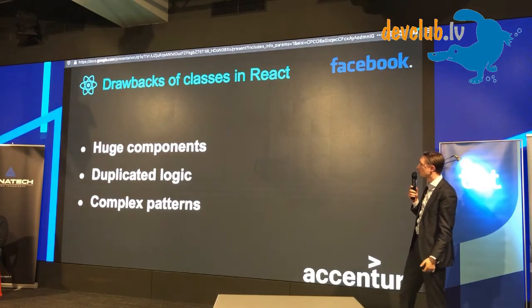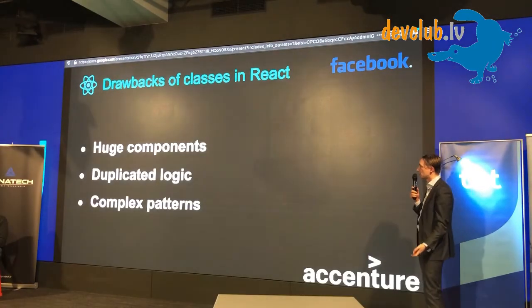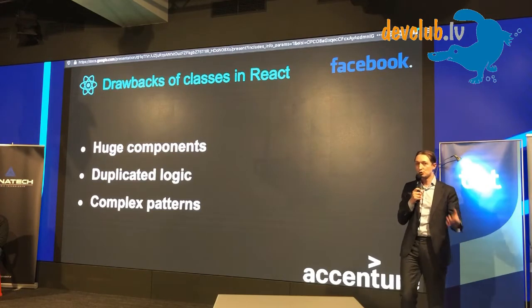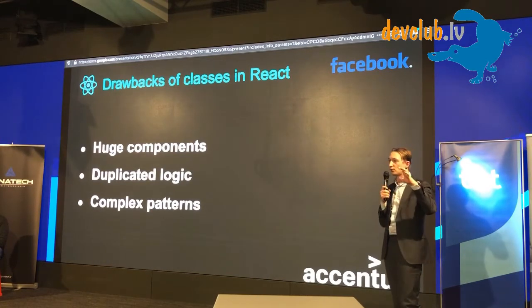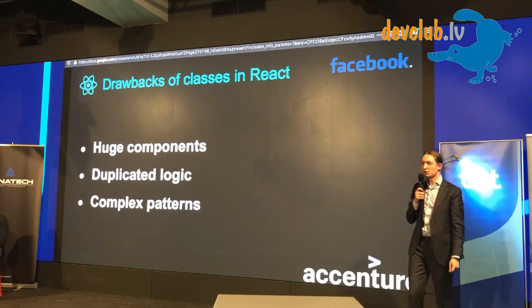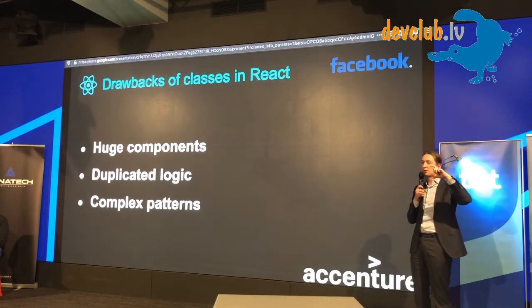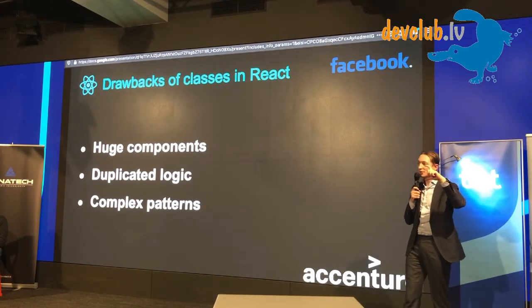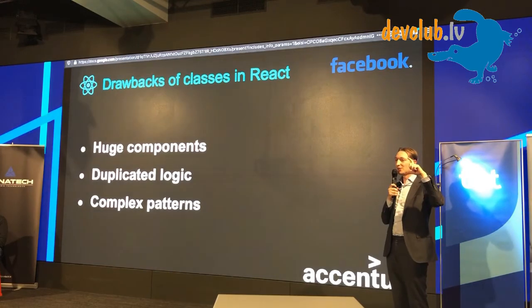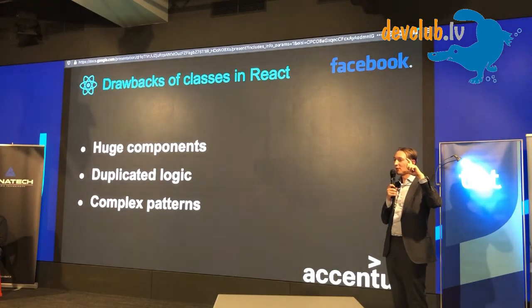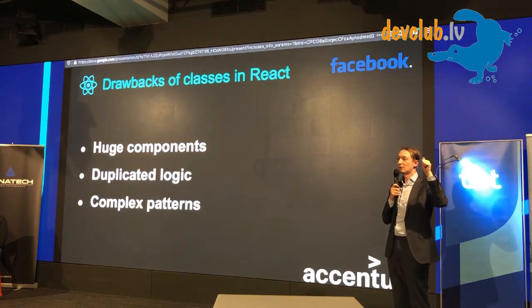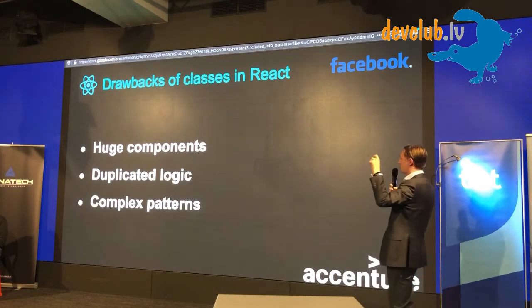Okay, so what drawbacks do we have when we use a class? We have a lot of huge components. They have a lot of code in them. Who has written, basically, if you have all the lifecycle methods in a React class, is it easy to manage it? Yes, no? No? Who has used hooks before, by the way? Okay, most of you. That's also cool.